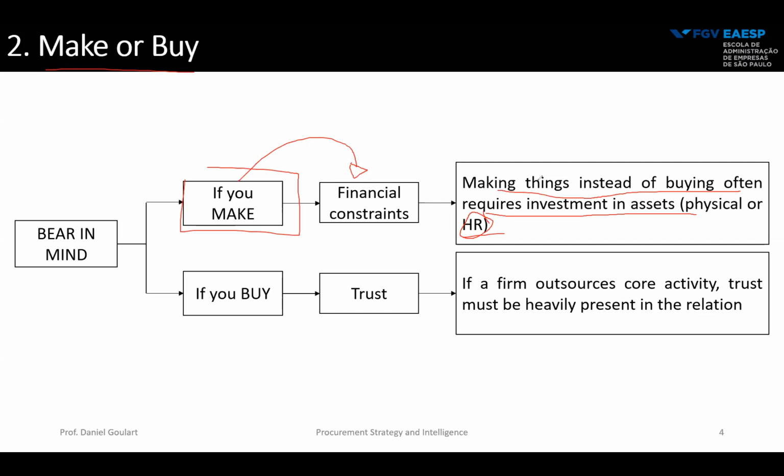COFCO Food, a public Chinese food industry that was focused only on food processing and retail. The Chinese government asked this public firm to integrate vertically.